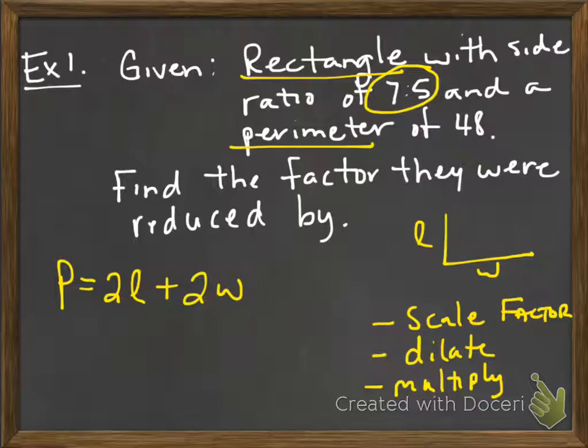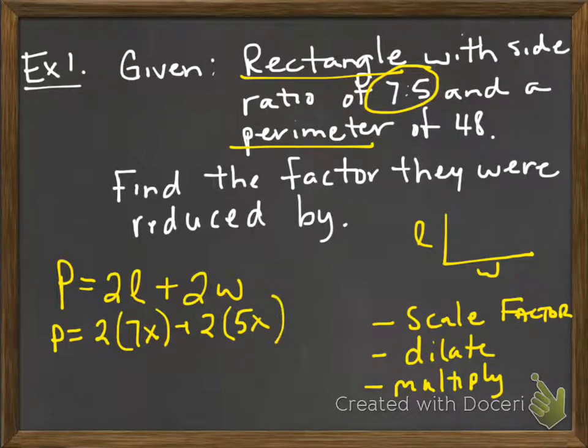In order to solve this, we can simply take our perimeter and say, 2 is part of the formula. Our length is 7 times some number, and then our width is 5 times some number. It's going to be the same number because we're looking for a factor they were reduced by. From here, we can simply do algebra, which is easy because we know what P is. P is equal to 48.